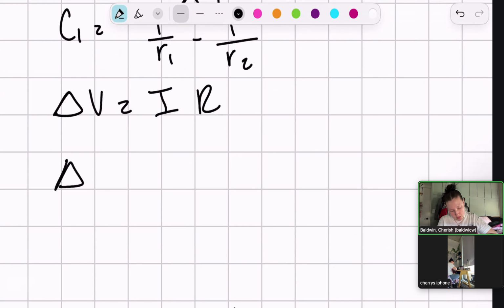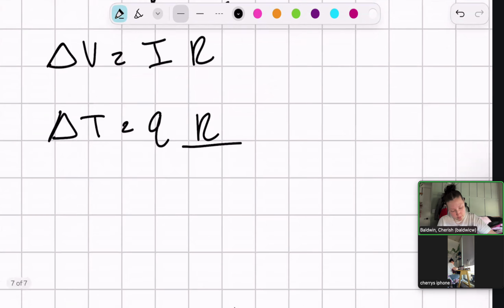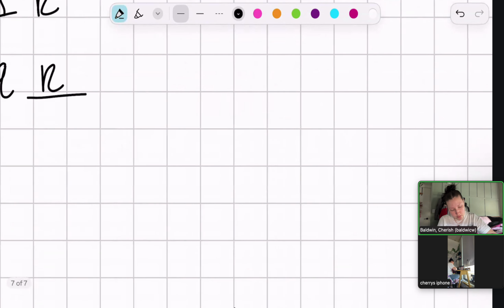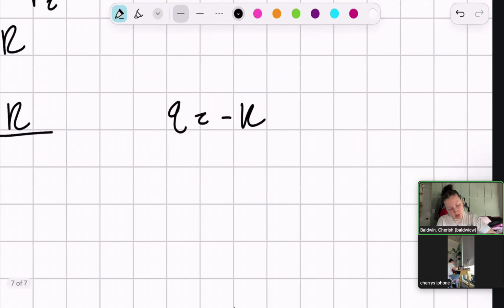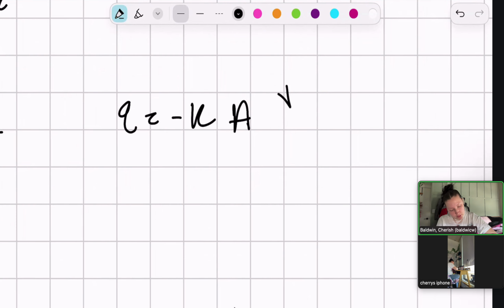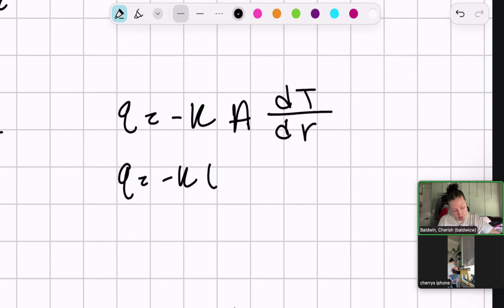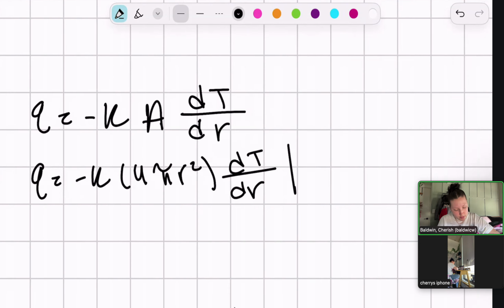So delta V is delta T, I is heat flow, times R, and we're finding R. So if we think of Q is negative heat conductivity times the area times the derivative of temperature with respect to R. So now we'll relate this to spherical, so it's negative K, and area is 4 pi R squared dr, and we're relating this to R equal to R1.